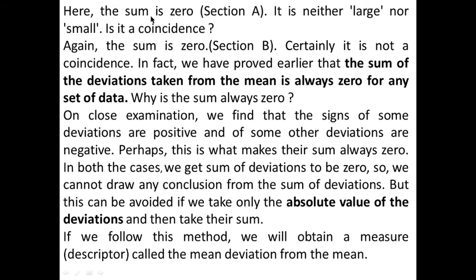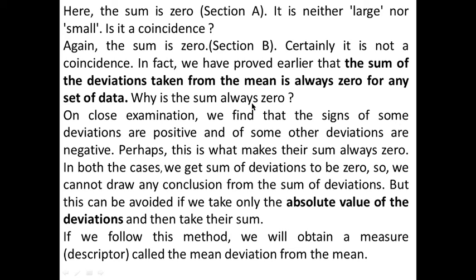Here this sum is 0 for section A. It is neither larger nor smaller. Is it a coincidence? Again the sum is 0 in section B. Certainly it is not a coincidence. In fact, we have proved earlier that the sum of all the deviations taken from the mean is always 0 for any set of data.